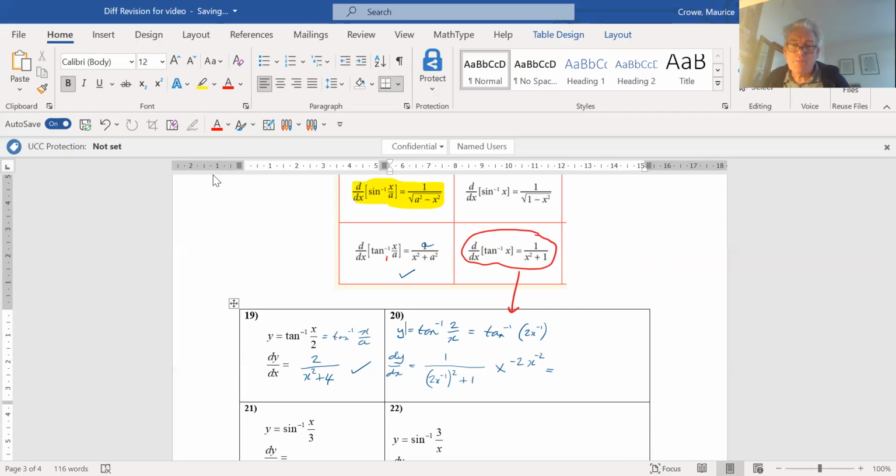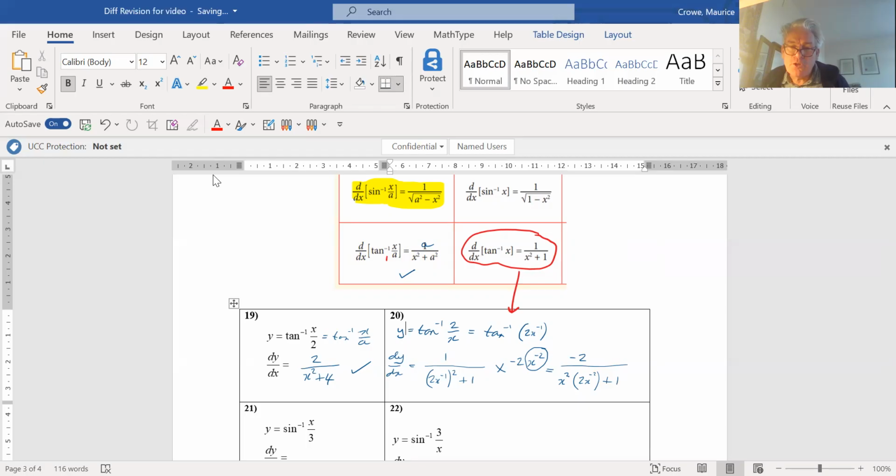I might run out of space here now, but on top, you're going to have a minus 2. That minus 2 will multiply to 1, but all of this will go back down underneath, and you'll be multiplying it in by that underneath. When this goes back underneath the line, it becomes x squared into 2x to the minus 2 plus 1.